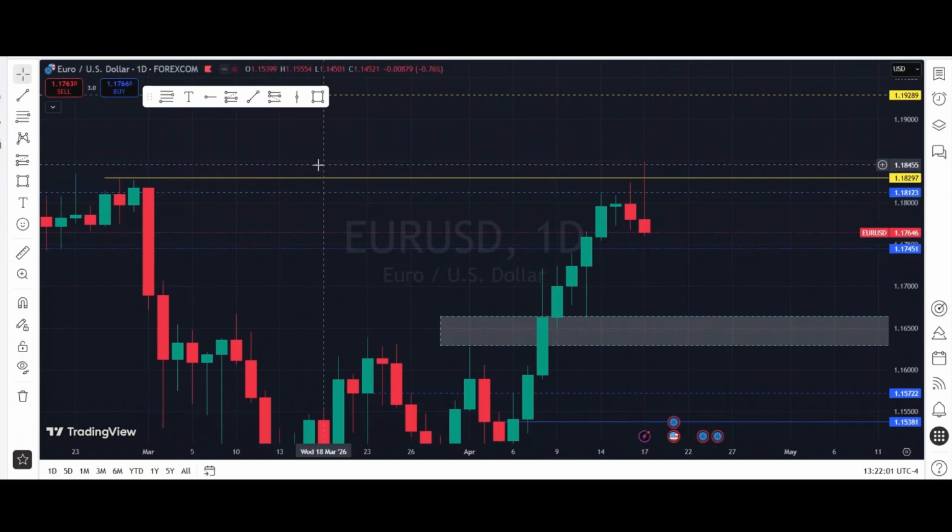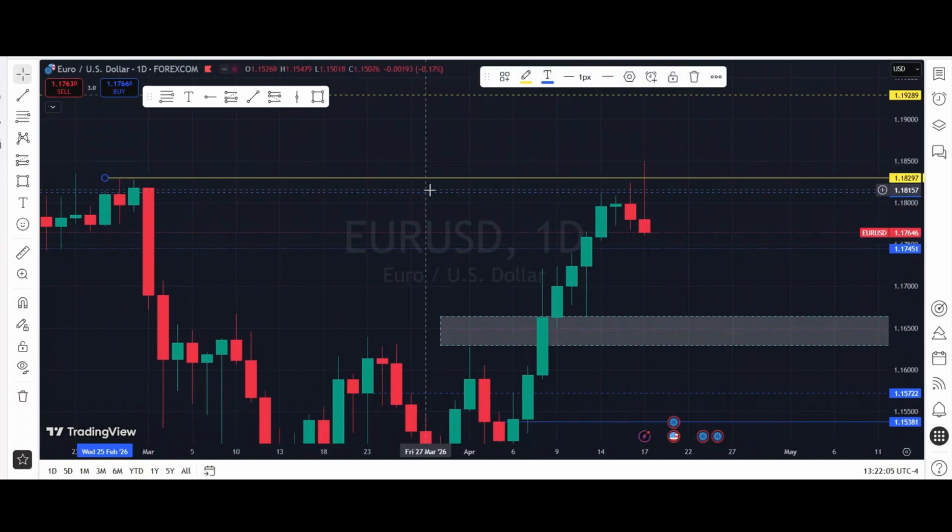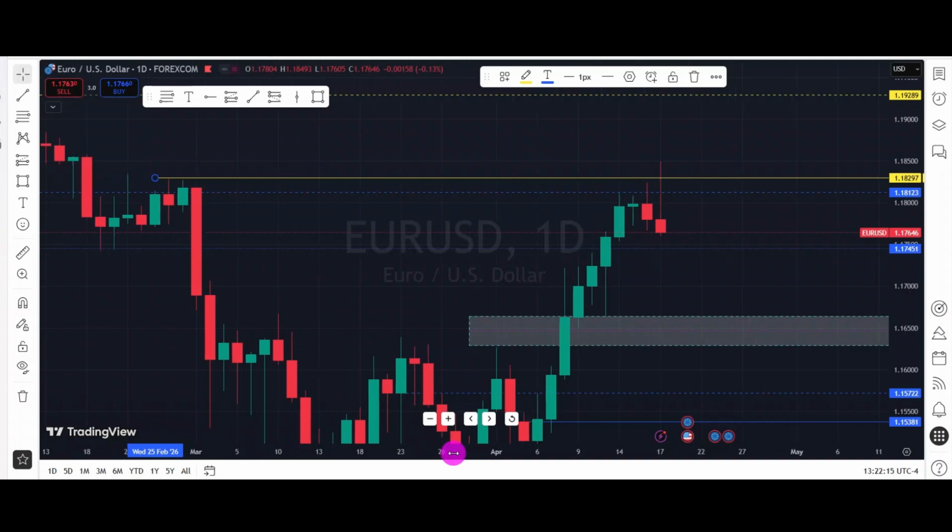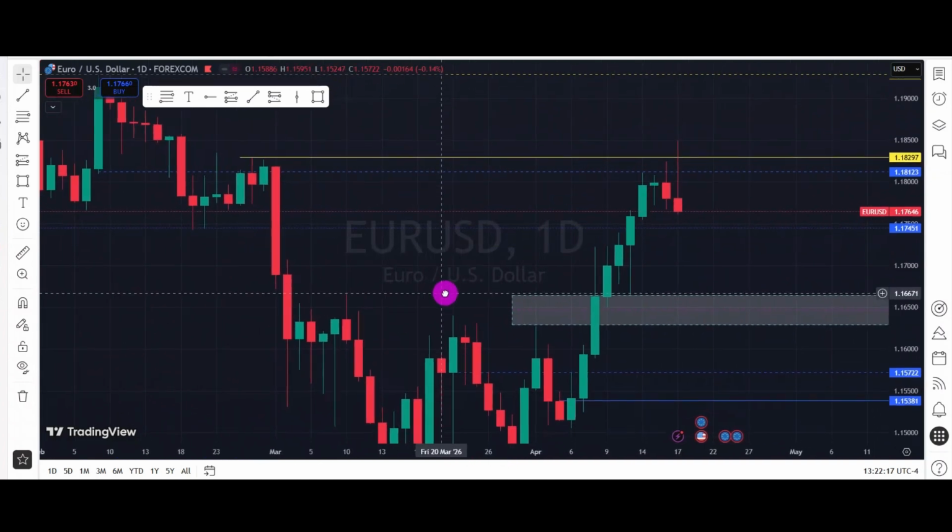Price took out this previous high on the daily time frame. It has run out liquidity and created this at the market close on Friday. The question is, are we expecting price to drop at this particular key level that price is at this moment?